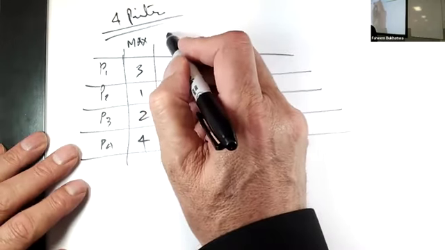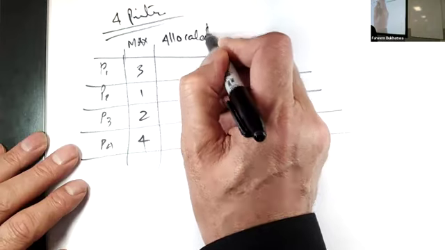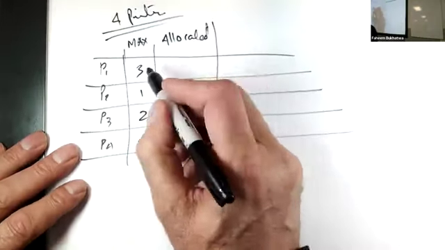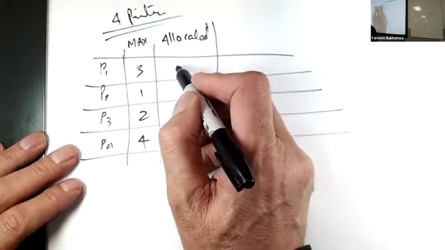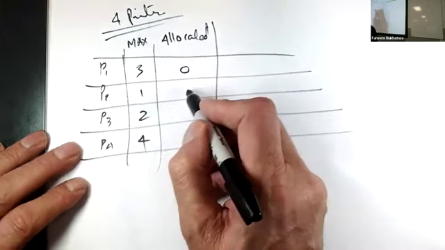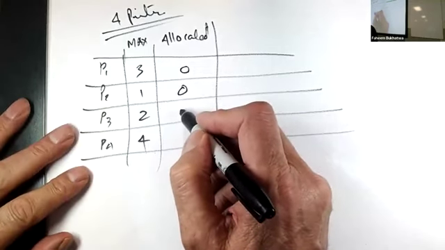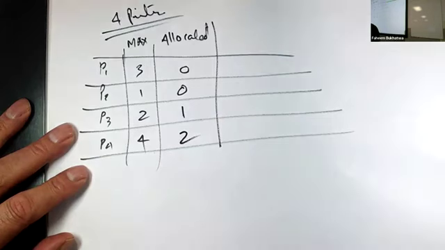This is what's allocated to each program. Let's say this guy, we've allocated them nothing so far. This one, allocated them nothing. This guy, we gave them 1, and this guy, we gave them 2.